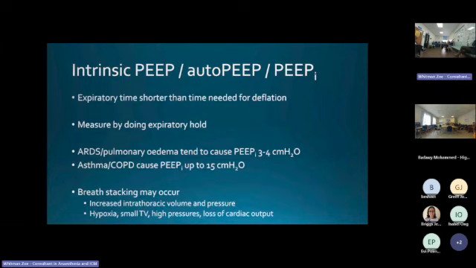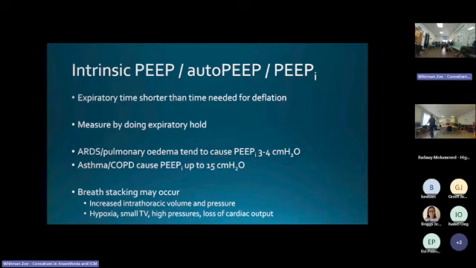So you asked about intrinsic PEEP. It's what you generate yourself to hold your lungs open, basically. And you can measure it by doing an expiratory hold, which is in the diagnostic bit of the ventilator, if you go into the menus.